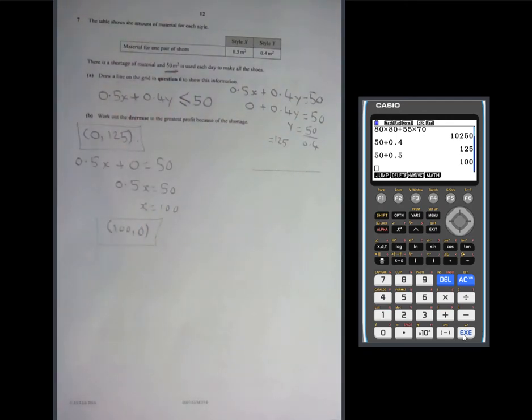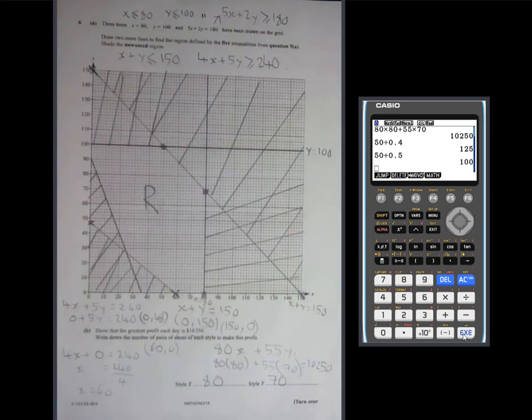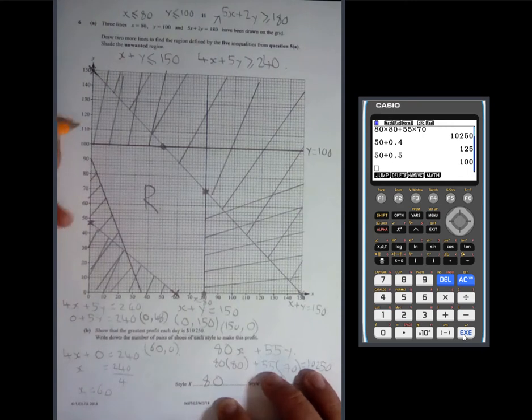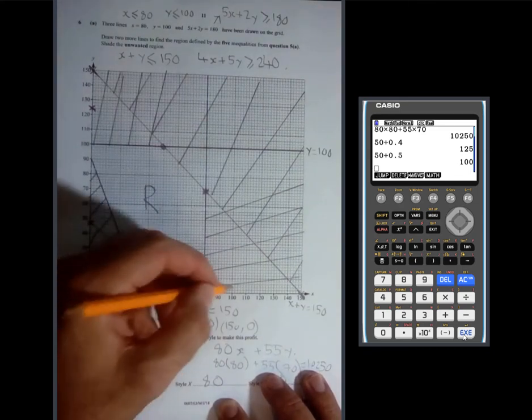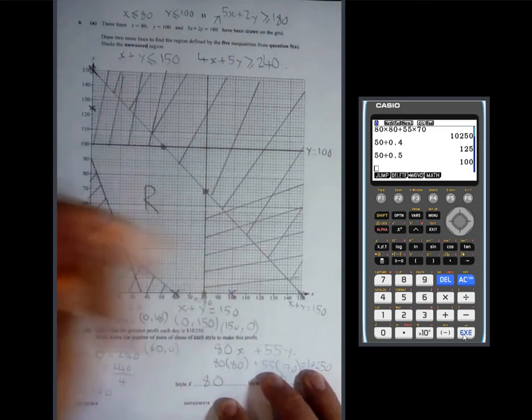So let us get the graph back. Okay, 0, 125 is up here. You've got 5 squares, 1, 2, 3, 4, 5, so we need 2.5 squares up, and it's going to be there. And then the other one should be easy. 100, 0 is here.